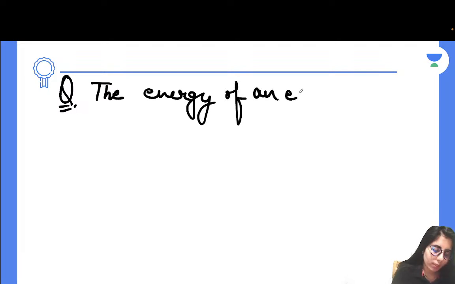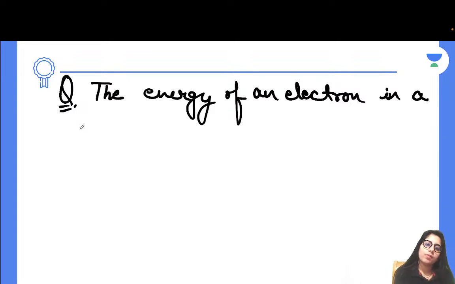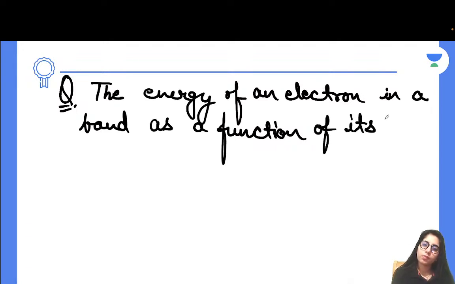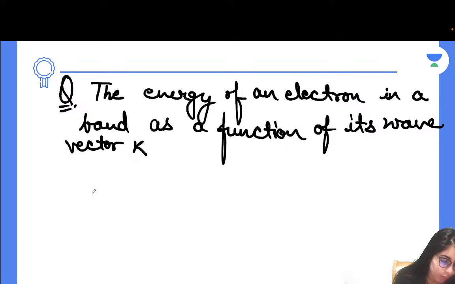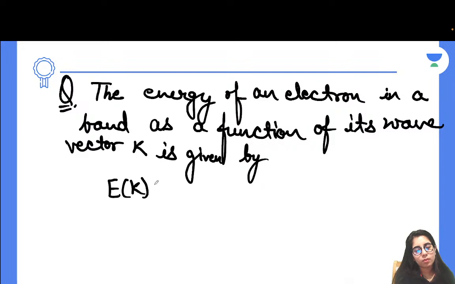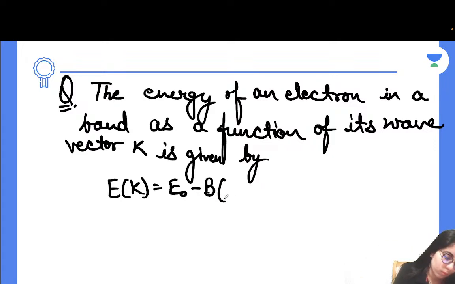of an electron in a band as a function of its wave vector k is given by E(k) is equal to E naught minus B cos kxa, cos kya, and cos kza.